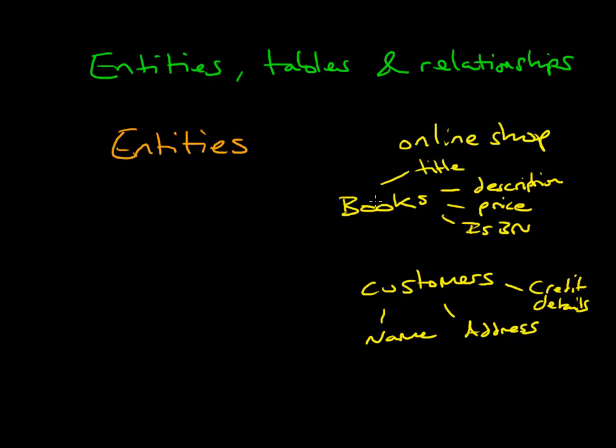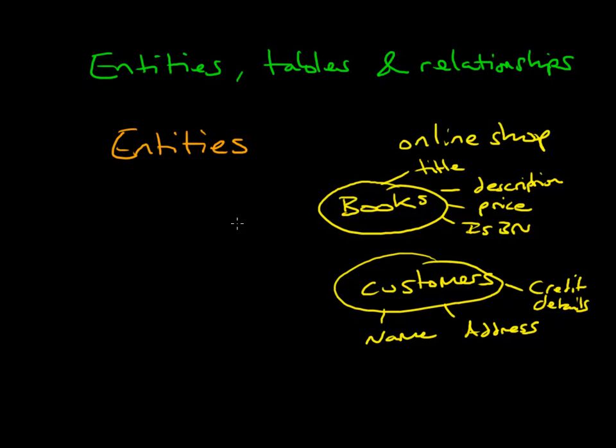So these things here, they correspond to real world things. So we have an entity of books and we have an entity of customers. And so we can represent these things by using a table. So essentially a table is a way that we can represent an entity. And so we can have a table for all of our books, and this will store all of our books.